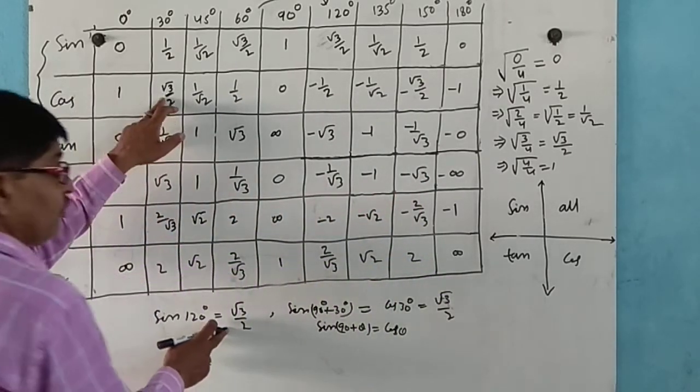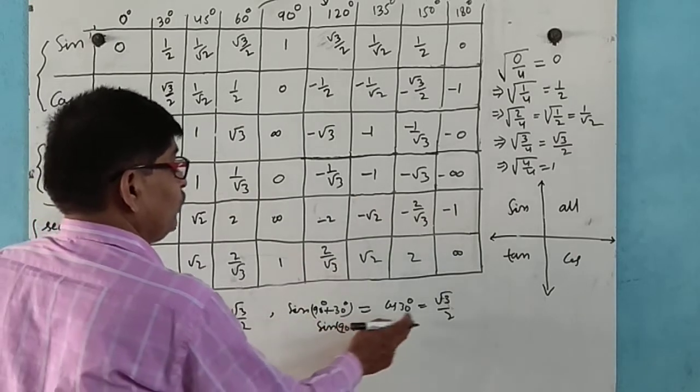Here sin 120 degrees is equal to root 3 by 2.